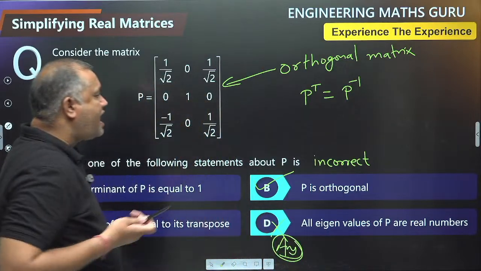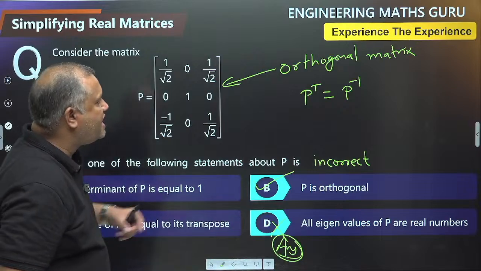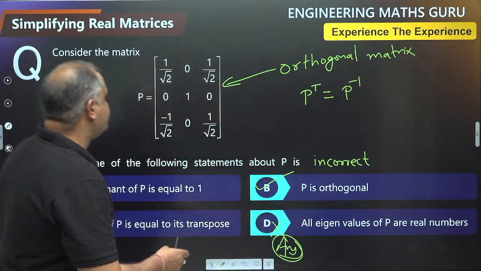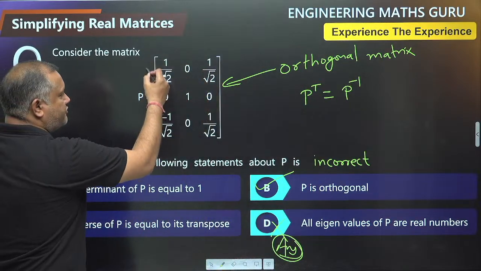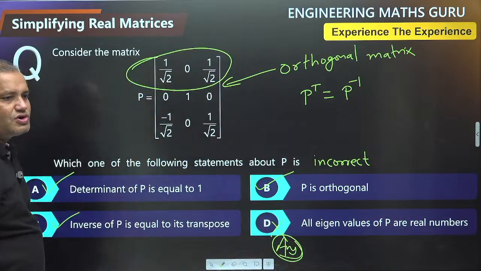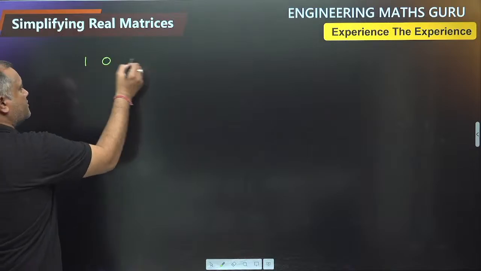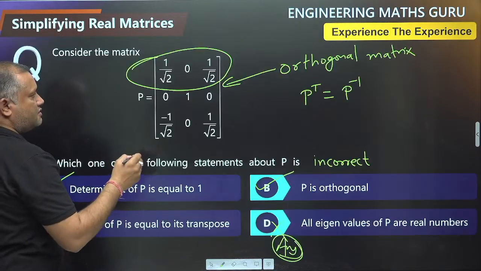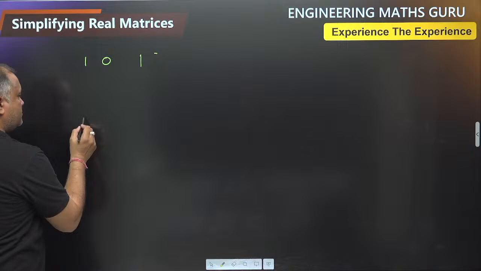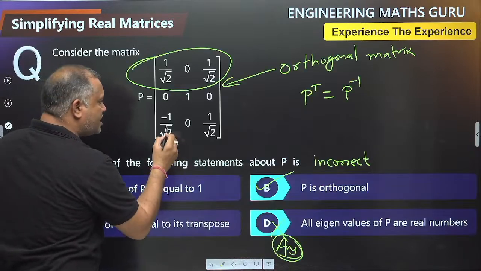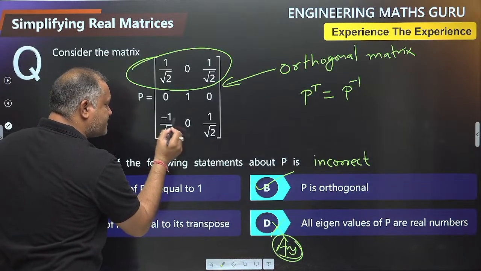Now sir, how did you initially guess that this is an orthogonal matrix? Now please see here, what are the numerators? See the first row, what are the numerators? 1 0 1. See the second row. See the third row numerators, -1 0 1.